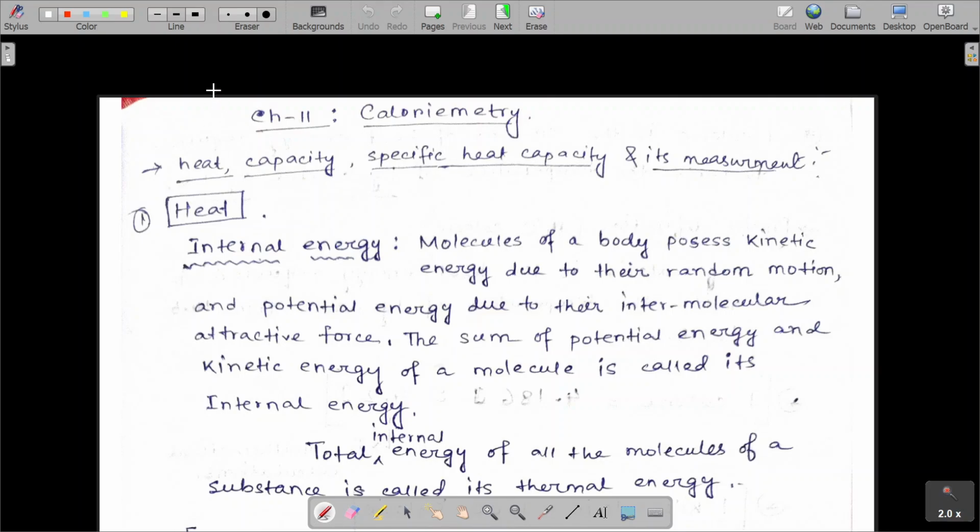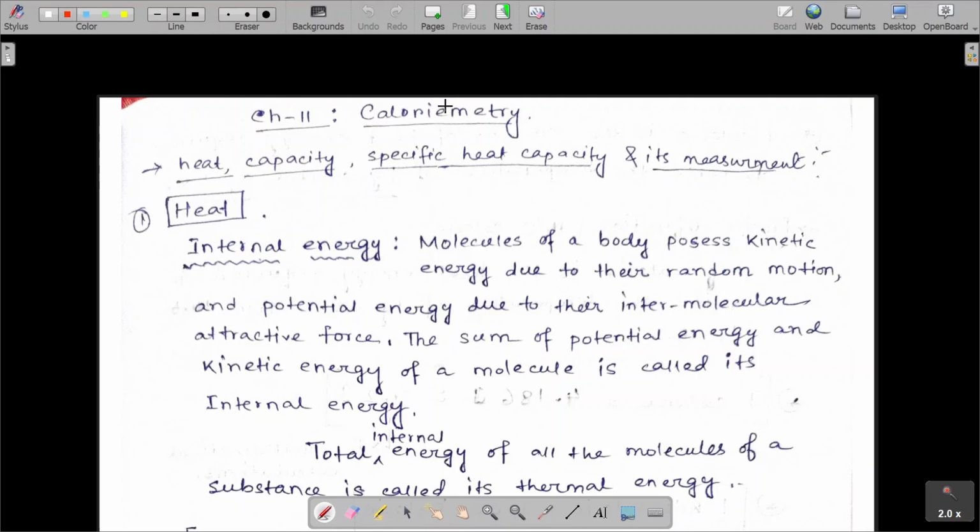So today we are going to read chapter number 11 of class 10 ICSE, that is calorimetry. As the name suggests, you can understand calorimetry. What does calorimetry mean?